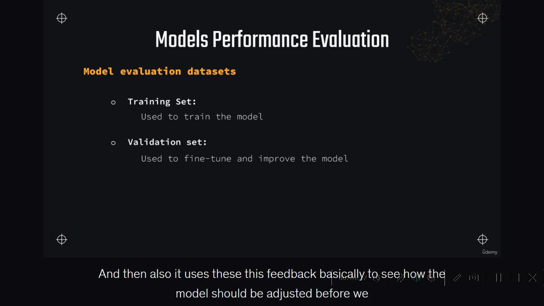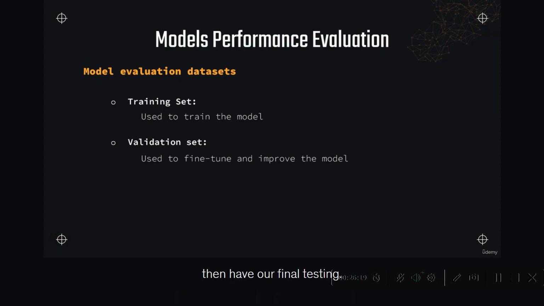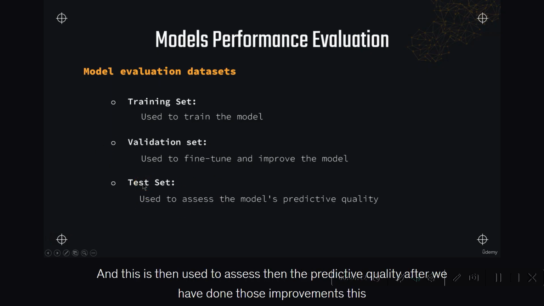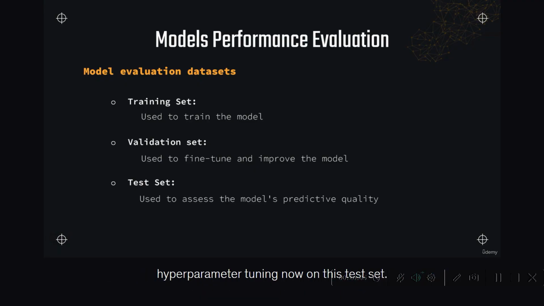And then it also uses this feedback to see how the model should be adjusted before we have our final testing. This is done with the final test set. This is the test set, as we call it, and it is used to assess the predictive quality after we have done those improvements, this hyperparameter tuning, now on this test set.